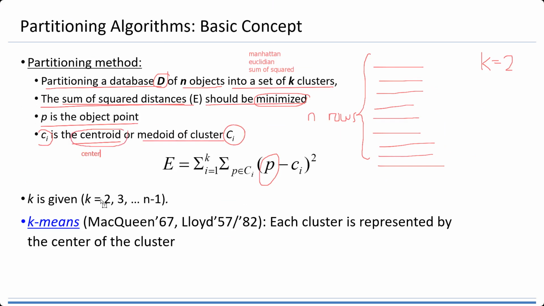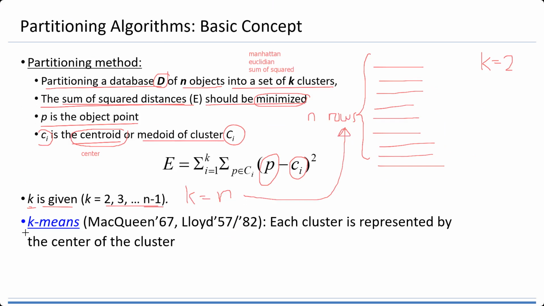So we want to find the center of a group, and we will do the subtraction. K is given. Usually K is a number 2, 3, up to n minus 1. If K equals n, then K equals the number of the data.